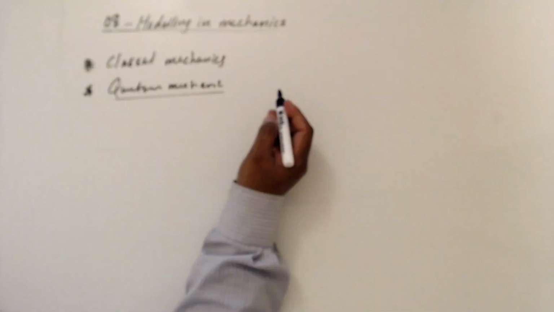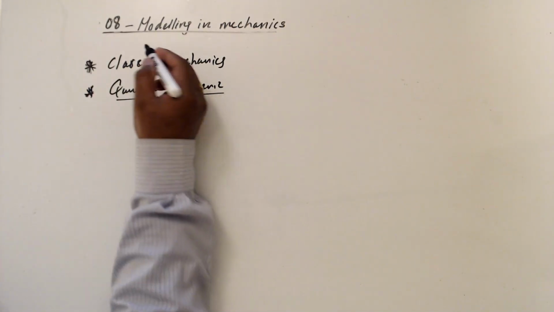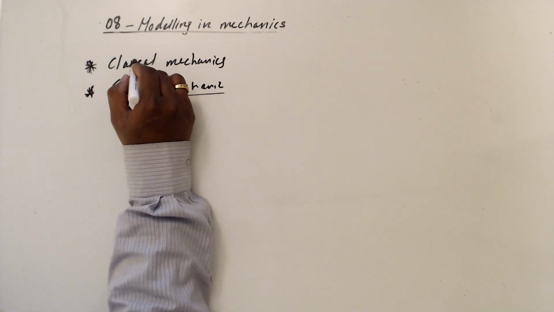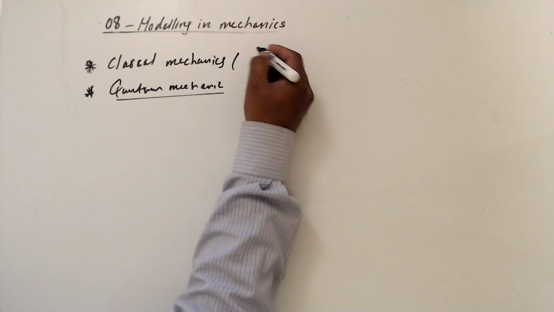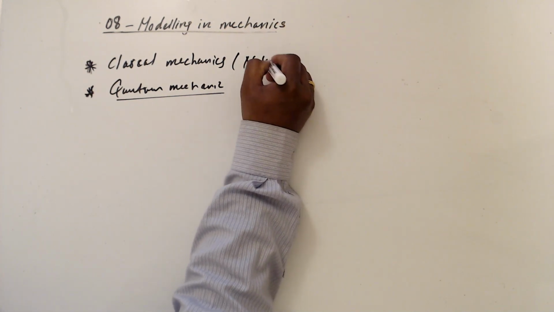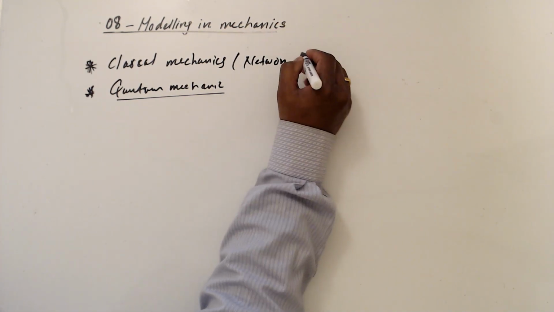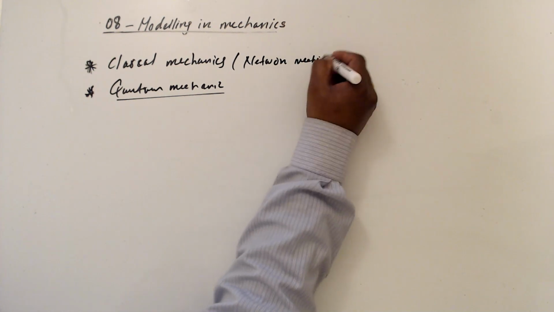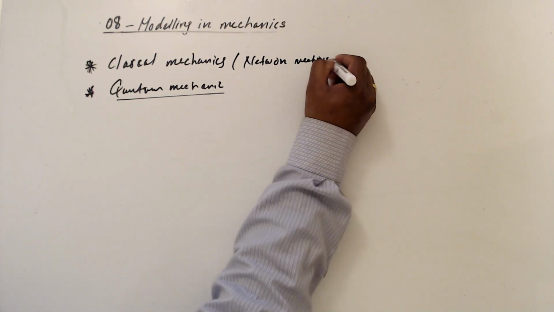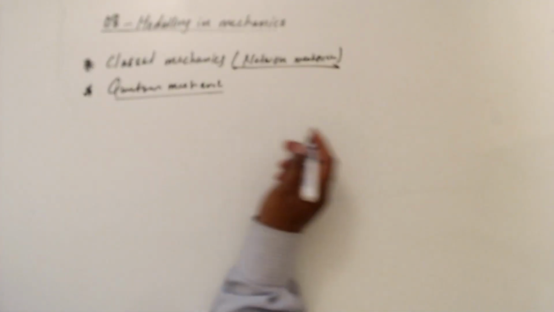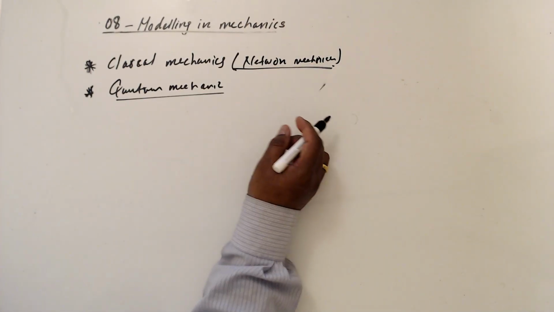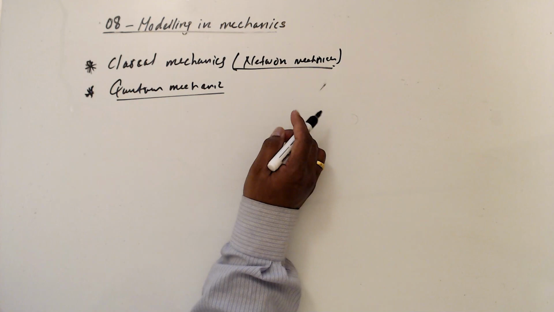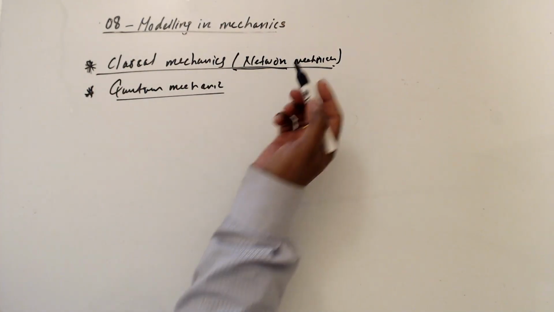Quantum is a recent development. We initially work with classical mechanics. Sometimes we name it Newton mechanics as well, because Newton gave a good start to mechanics with Newton's laws.